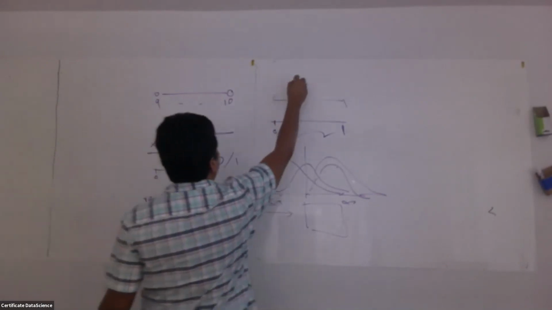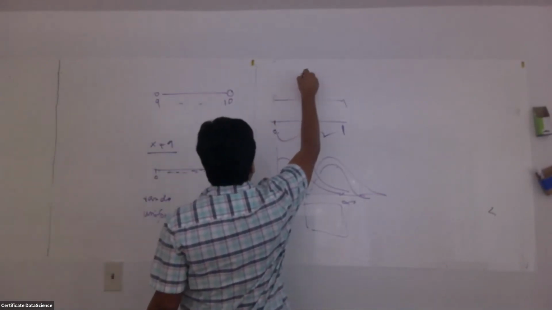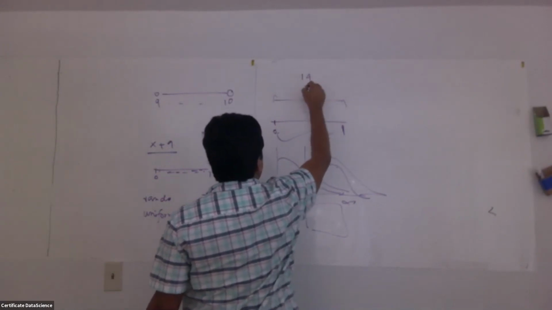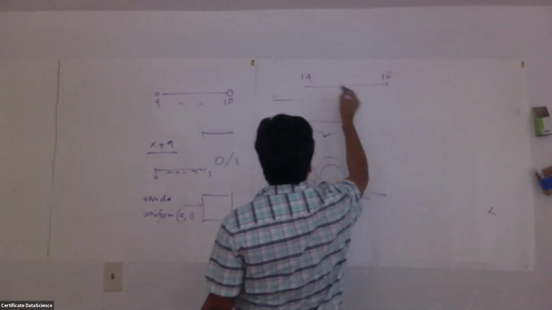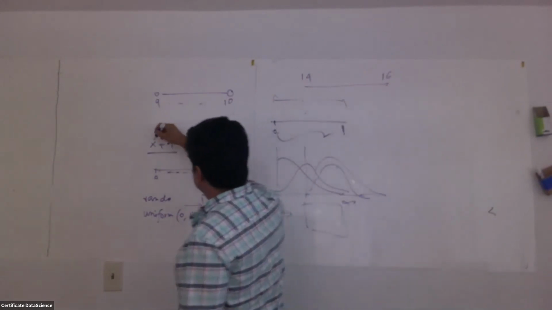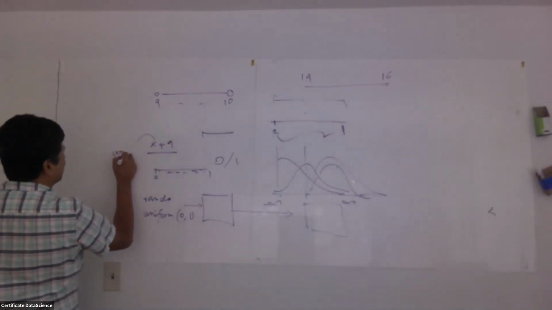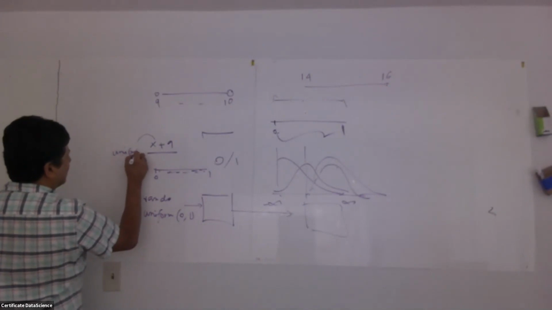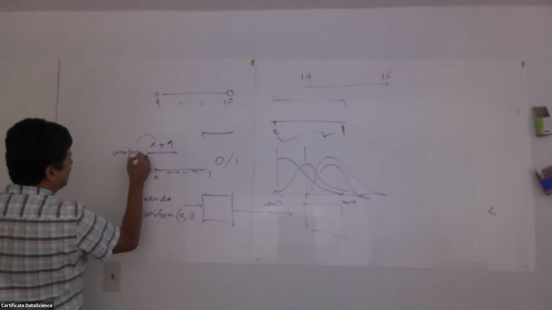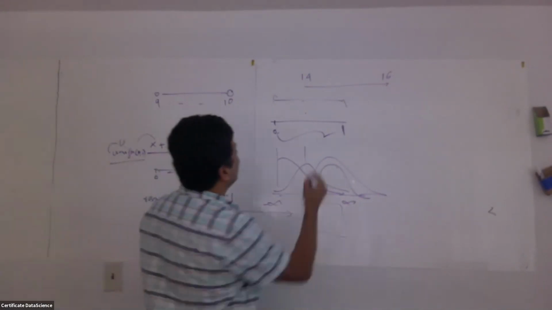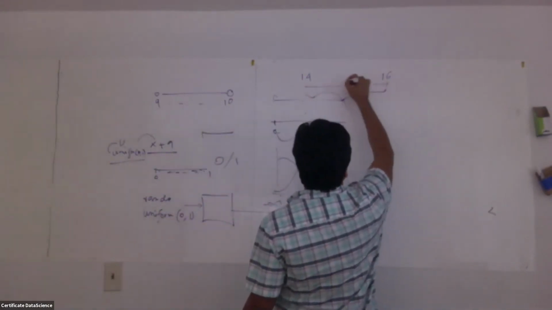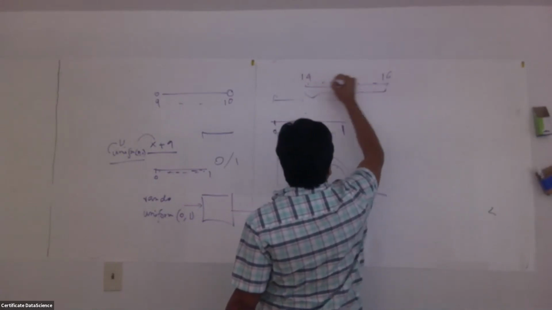What if it is between 14 and, I don't know, 16? And all I get is random uniform between 0 and 1. Let's call it U instead of X. So how do I get this new random variable that is uniform between 14 and 16?